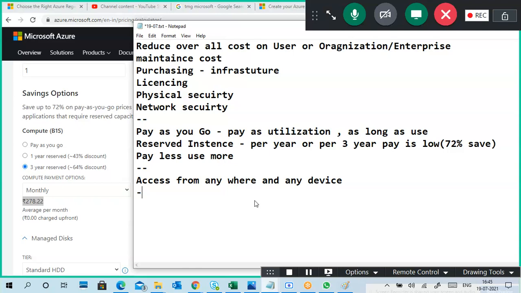Even for a smart TV there may be services, but think about the total connections part. That's only one part: access from anywhere, from any device. That is another cloud benefit.